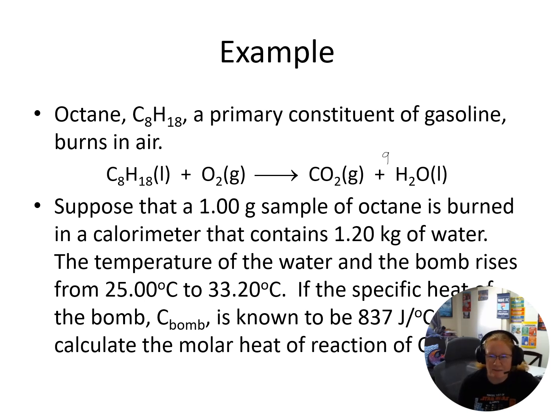Well, that would end up giving me an odd number of oxygens, which I really can't do if I have O2, right? But let's see here. If I put a 9 there and an 8 there, okay, 8 times 2 is 16, all right? And then 16 plus 9 is 25. So I'm going to balance this with 25 halves O2.